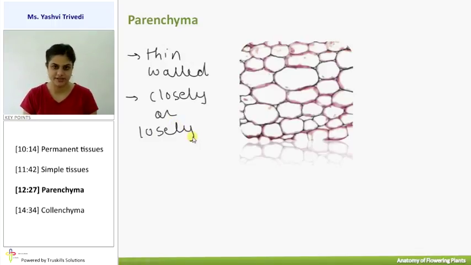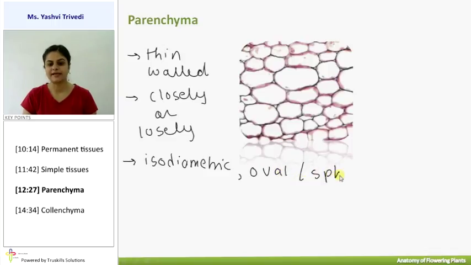It can have any of this. Then if you see the structure of the cells, the cells are isodiametric. That means all the cells are of the same diameter. If we look at the shape, it could be oval or spherical. So this is their structure.